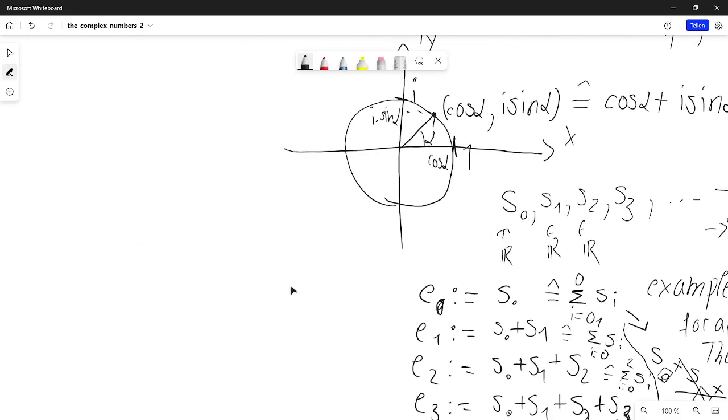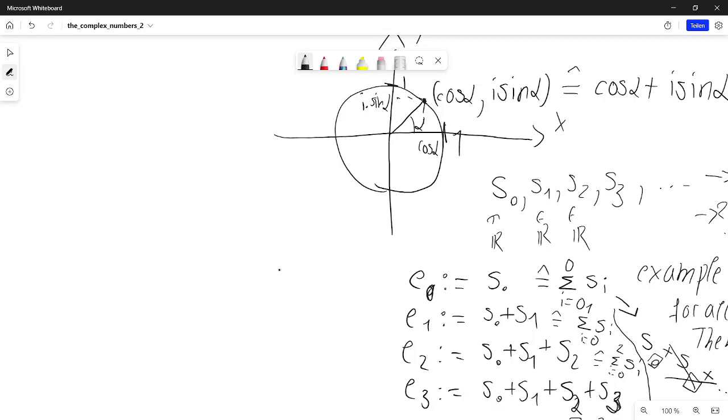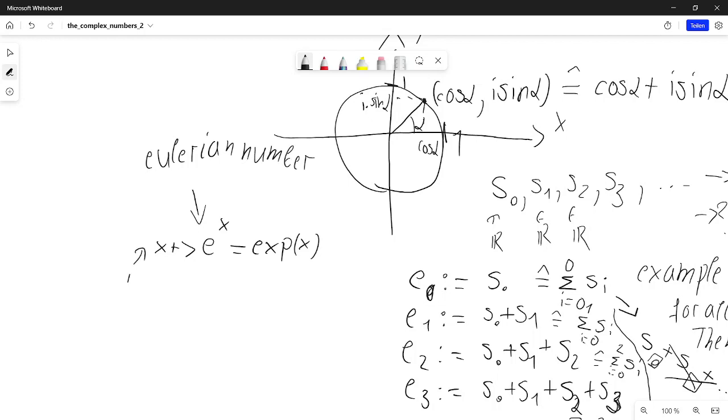Alright, now of course you know this function, right? Where we take an x and we have e of x, so we could also denote it exp of x. And this is Euler's number, right? This is defined for any element in R, and for any element in R it gives some number, namely e to the power of this number.